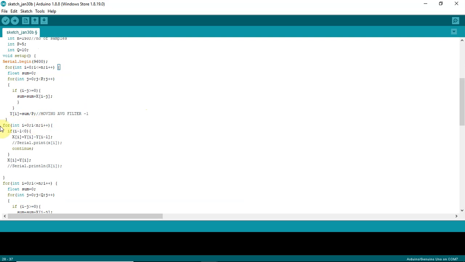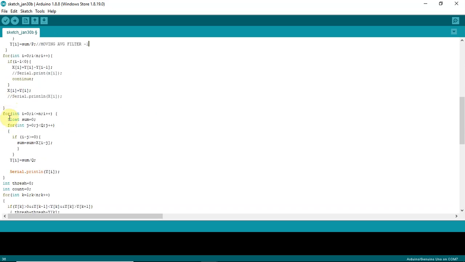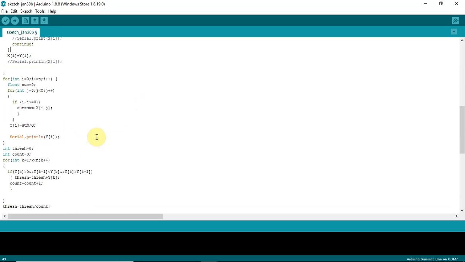Then this is the code to find the first order derivative at the output of the moving average filter. Then again we find the moving average filter at the output of this first order derivative, for further smoothing of the PPG signal.